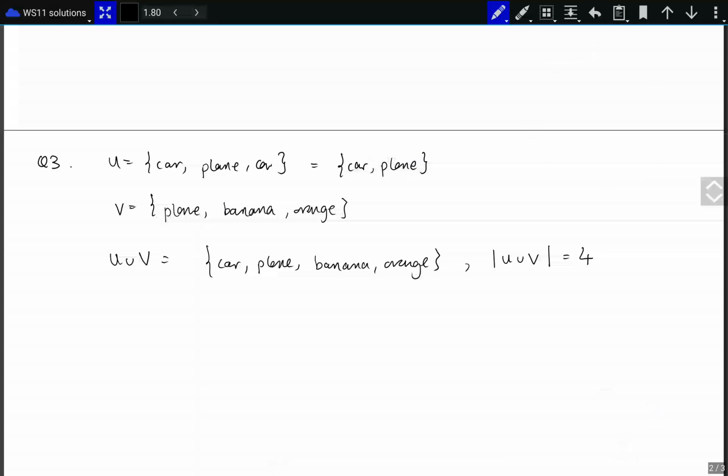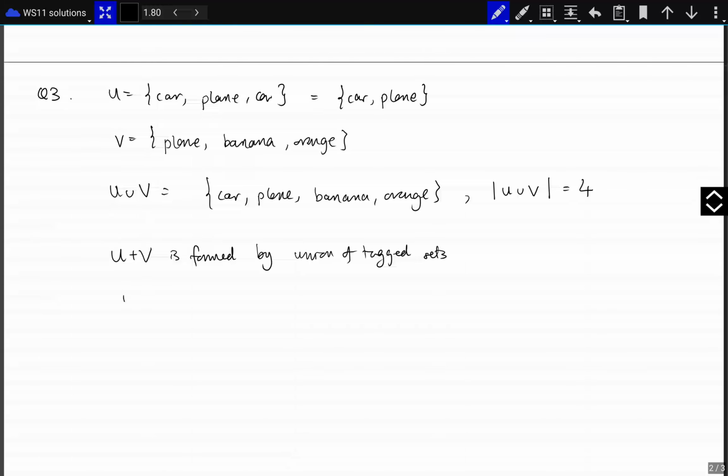And how do we make the disjoint union? So we make the union of the tagged sets. Where u star is equal to car, and we tag it with tu, and plane tagged with tu as well.